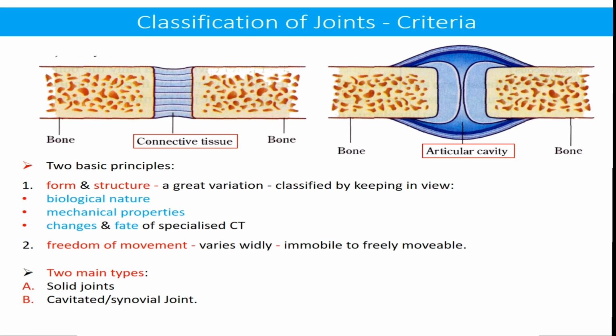By keeping these criteria in view, the joints are classified into two main groups, that is solid joints and cavitated or synovial joints.